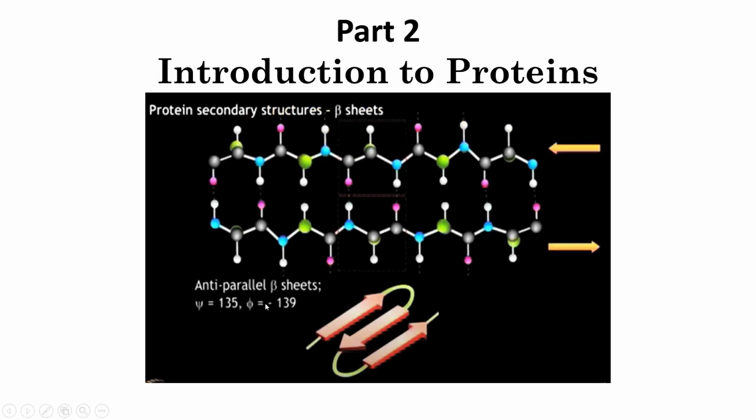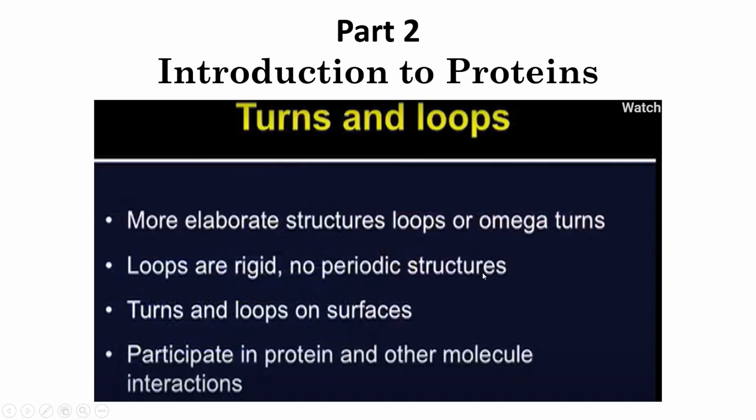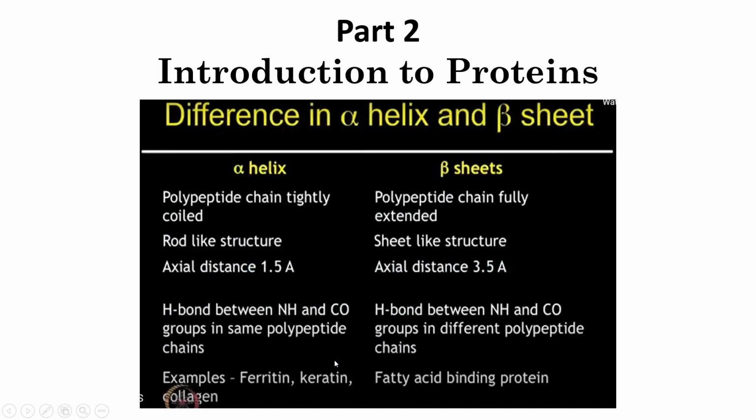Then these are called turns and loops, where there is no specific parallelity or anti-parallelity. This specific part of the protein structure is called turns and loops. Loops are generally rigid, and they are on the surface. So we can differentiate between them by how those angles are made. These are rod-like structures. These are sheet-like structures.